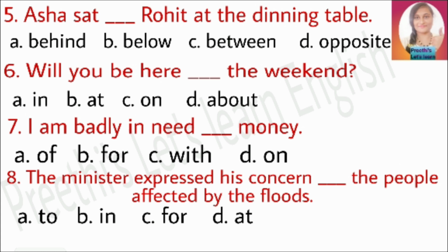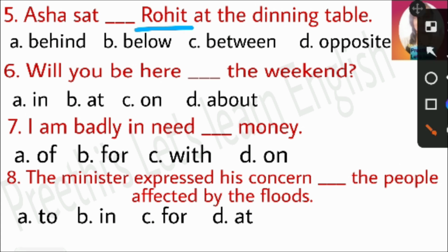It is impossible. So option B also wrong. Here to use between, Asha is not sitting between two people. There is only one person, that is Rohit. So option C, between, is also wrong. Next, option D, opposite. So Asha sat opposite Rohit at the dining table. The correct option is option D, opposite.